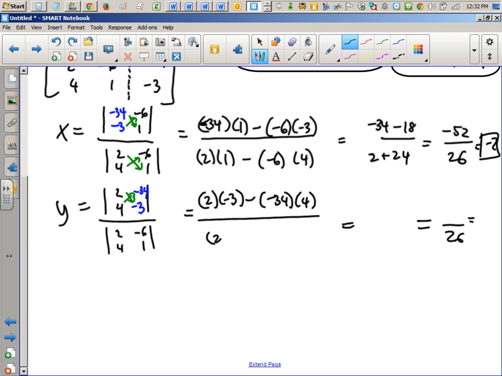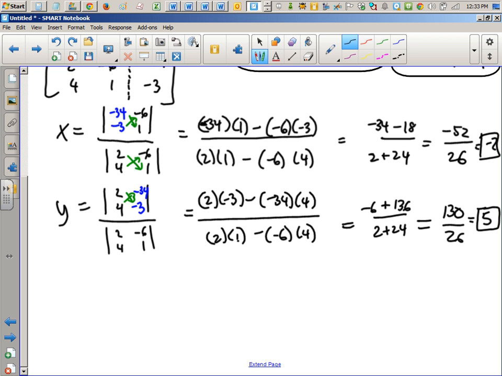The bottom is exactly the same problem as before. Maybe you remember doing this last year. It was supposed to be in your curriculum. So the top is basically negative 6, and you're adding 68 times 2, 136. The bottom is just 2 plus 24. So what's 130 over 26?